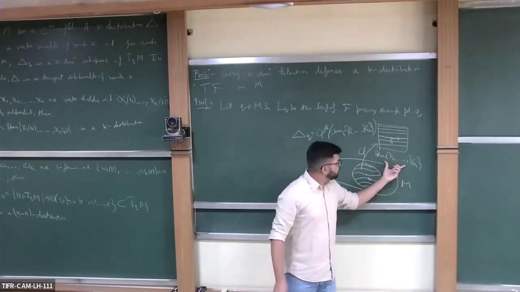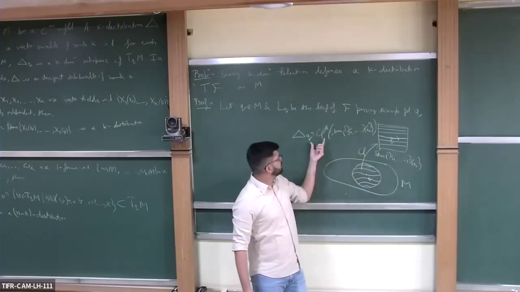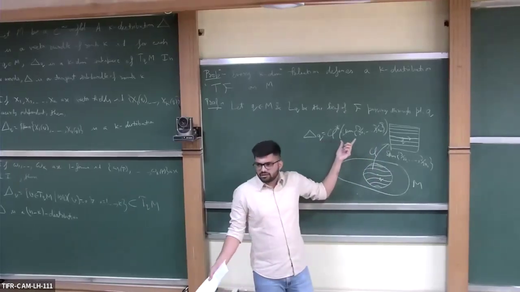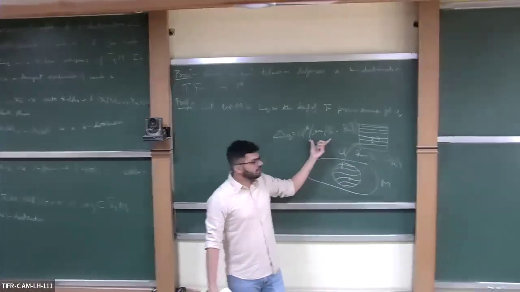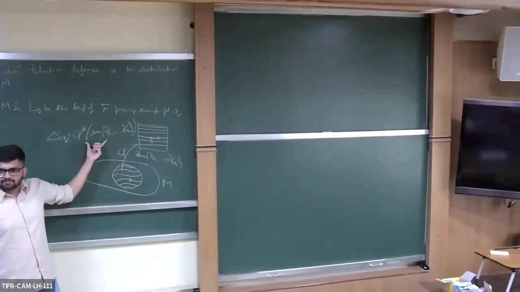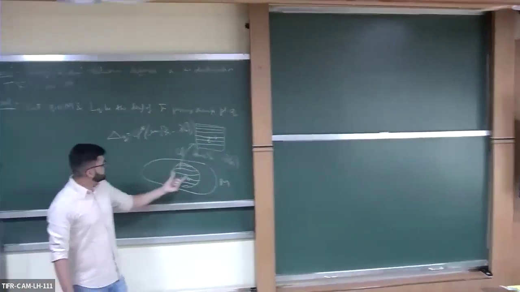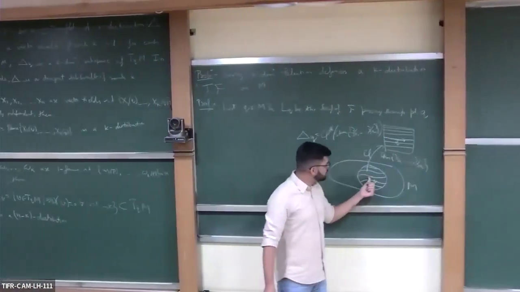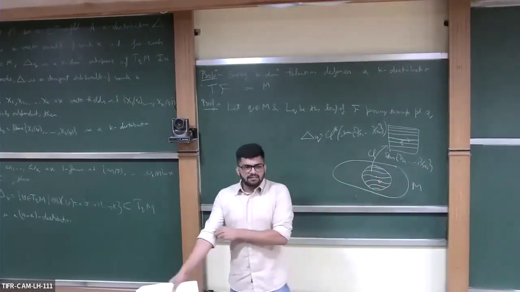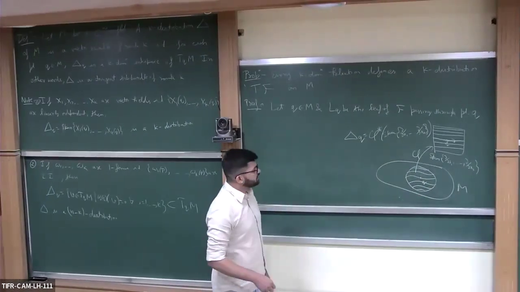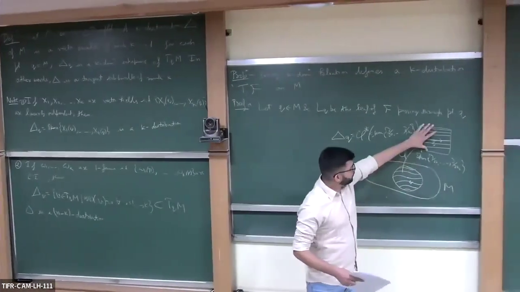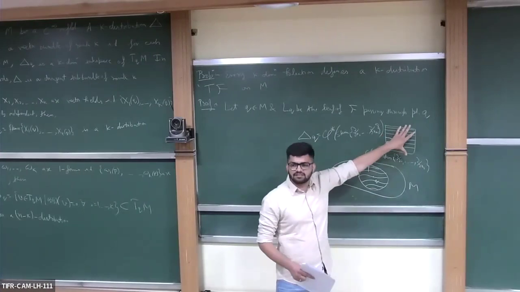Now we just pull back this subspace under P star. P is a diffeomorphism, so we can do that, and it's still a k-dimensional subspace. We assign this subspace to each point Q, and in this case the trivialization map actually comes from the foliation charts itself.